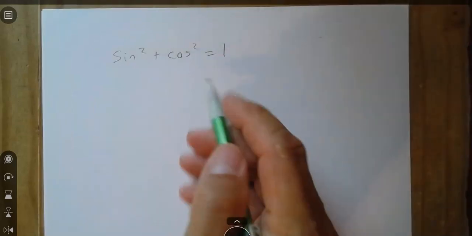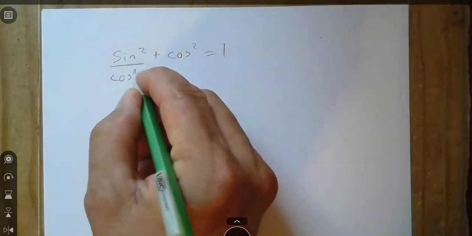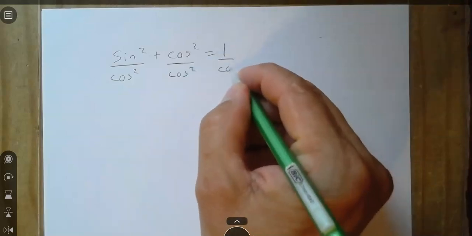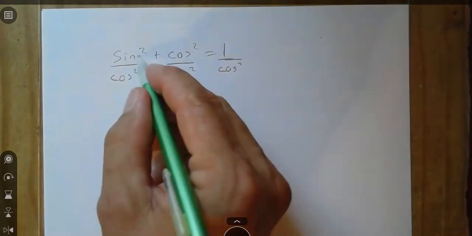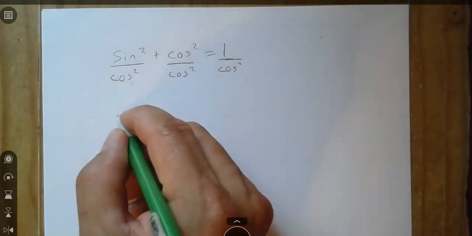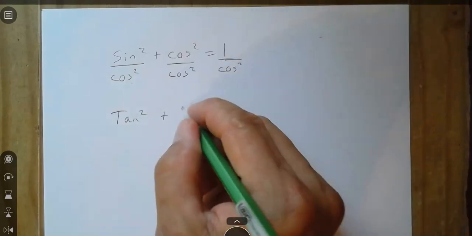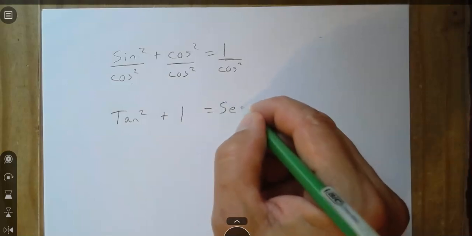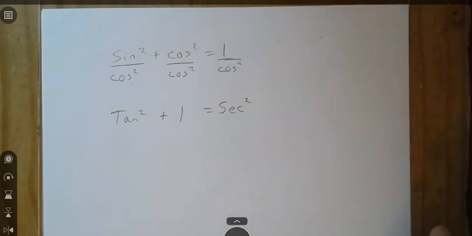If I divide everything by cosine squared, because this is an equation, I can do that to both sides and it keeps it equal. Sine over cosine is tangent squared, plus 1, and 1 over cosine squared is secant squared. So tangent squared plus 1 equals secant squared.